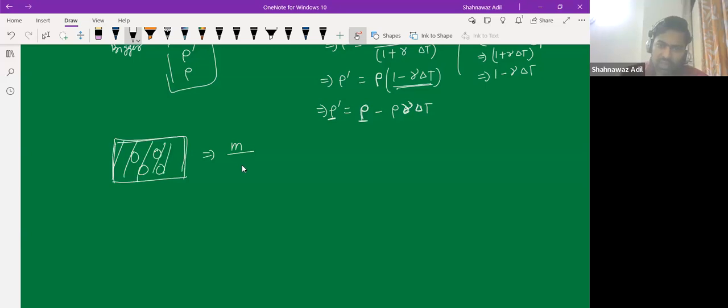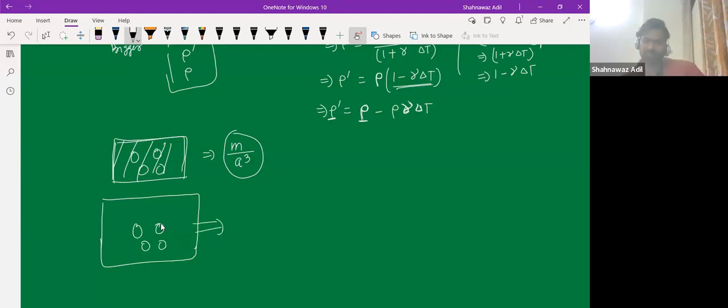Let's say this is a cube, right? This would be the density. If I increase the volume, and now the masses are the same, so now the density will increase or decrease? Now you guys tell. Because I have increased this volume to V prime, will my density increase or decrease?